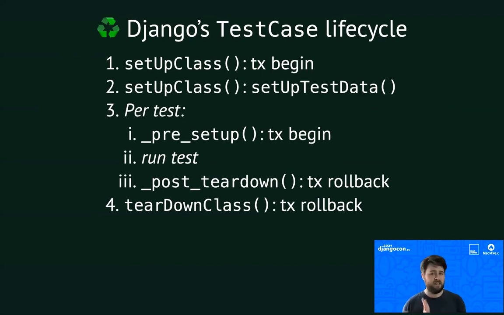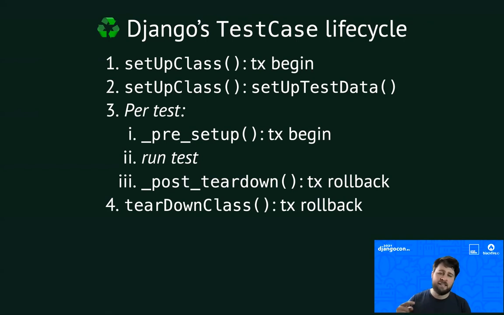The default implementation is empty, so it doesn't set up any test data. And then on a per-test basis, Django's extensions are in a function called _pre_setup. This avoids it being inside the actual setUp method, so you don't need to call super. On a pre-setup level, there's a second level of transactions begun per database. It will then run your test, and then in the post-teardown hook, which similarly runs outside of the normal tearDown, Django will roll back those per-test transactions.